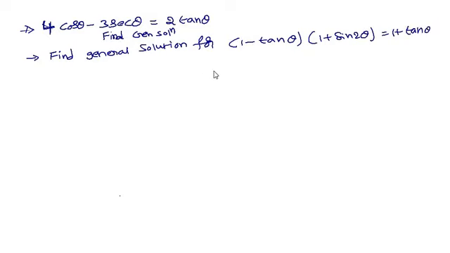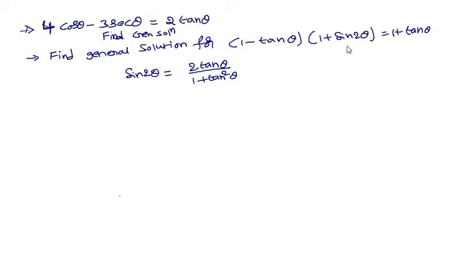This we need to simplify and find the general solution. Here we do one thing, sine 2 theta, a point to remember to solve this problem. The sine 2 theta formula is 2 tan theta divided by 1 plus tan square theta. If you substitute this, it is very easy for us to simplify this problem.